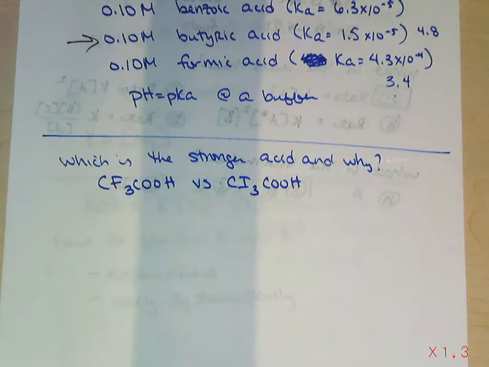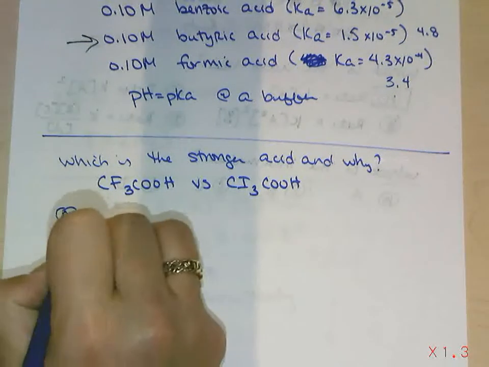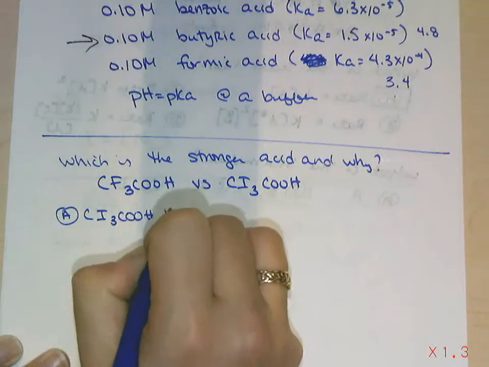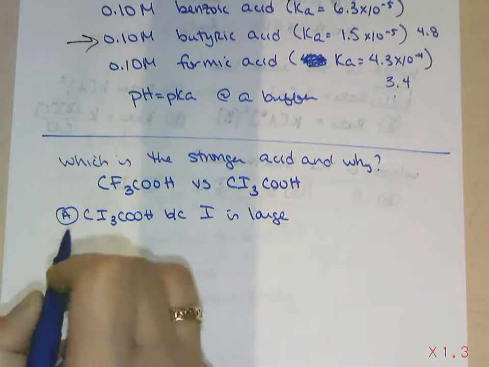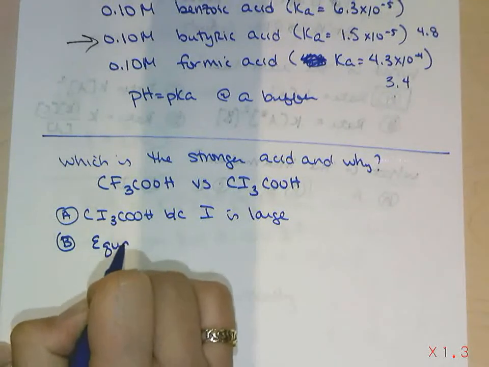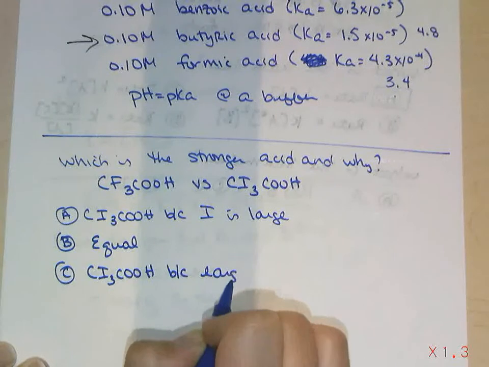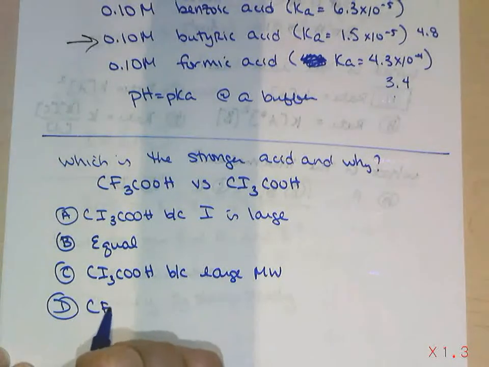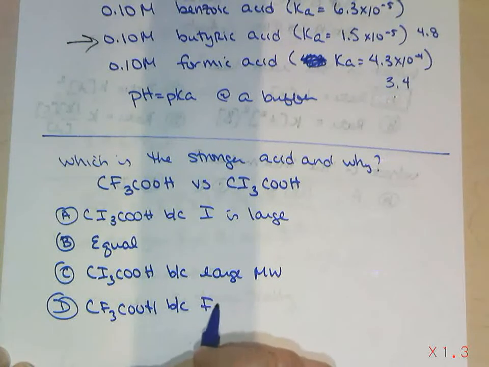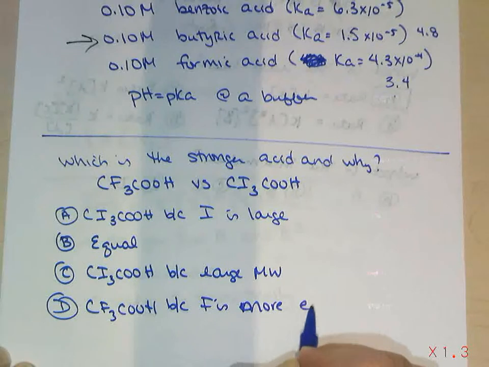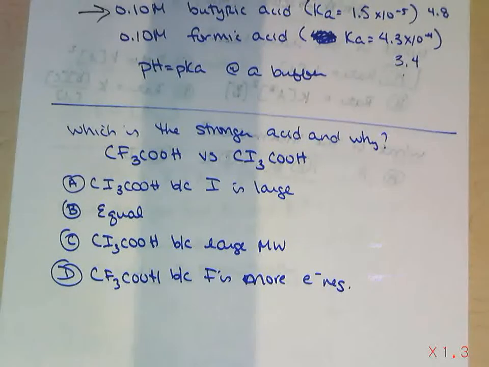Our options are: A, the iodine version is more acidic because I is a large molecule; B, they're equal; C, CI3COOH because it's a heavier molecule; or D, CF3COOH because F is more electronegative.